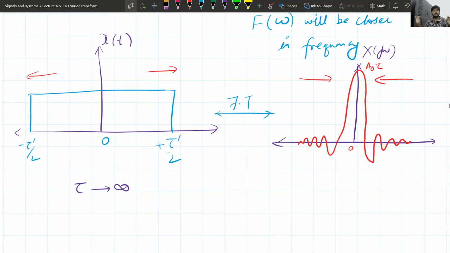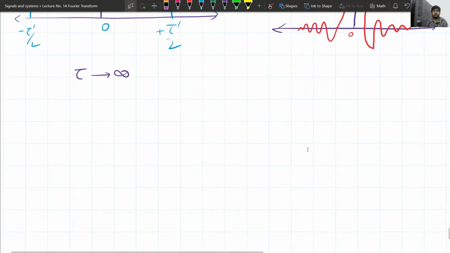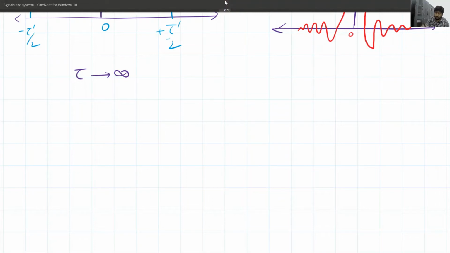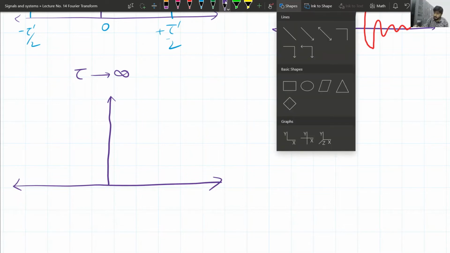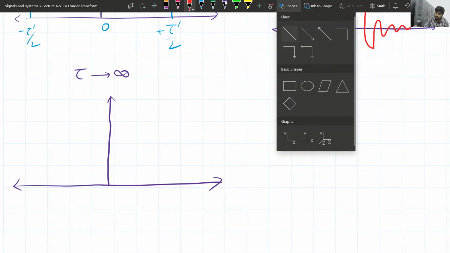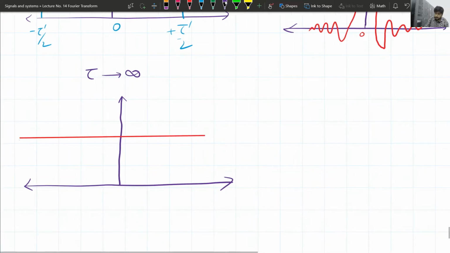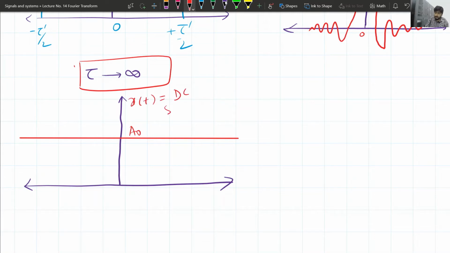Now it will become a constant DC signal, because we have shifted tau to infinity with same amplitude A0. Now it has become a DC signal.